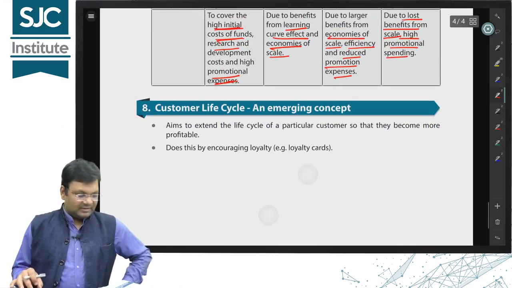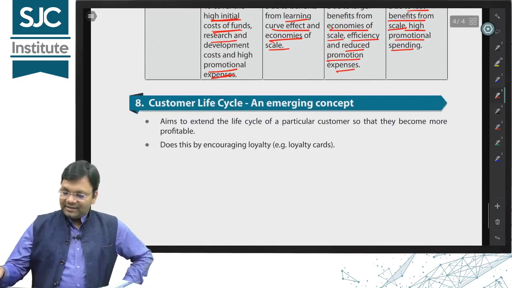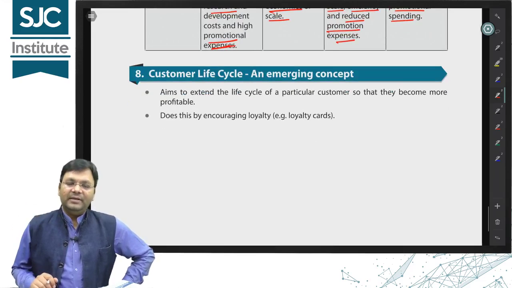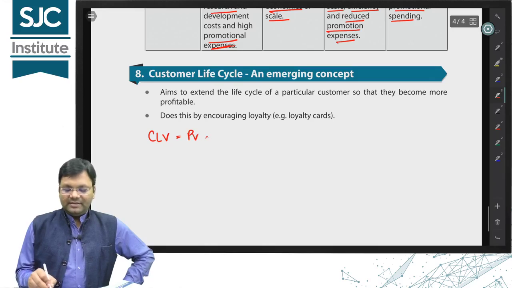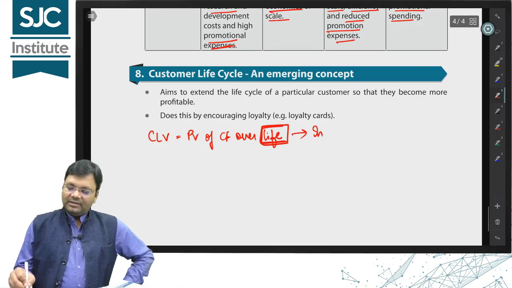Last concept is customer life cycle. It is a new concept emerging in the real world, not there in your institute material. It's just extra knowledge from me. You remember that you learned with me in the previous chapter customer lifetime value, which is equal to the present value of cash flows over life. You remember the example I shared, that in a college the life is usually 4 years.